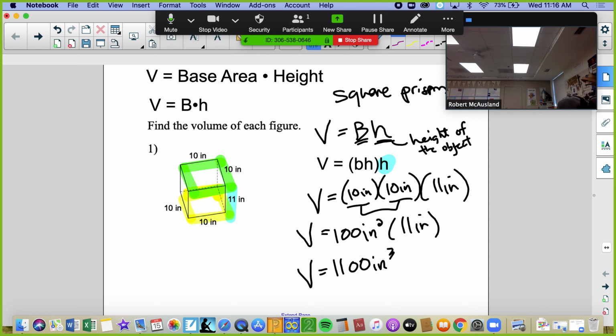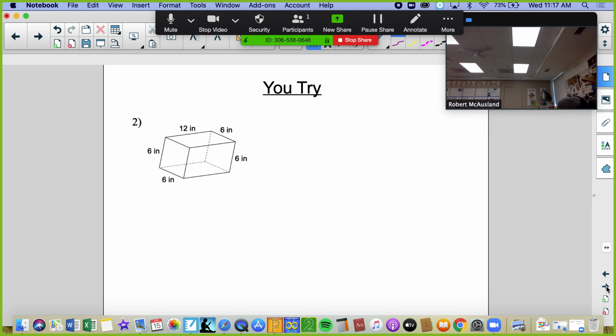We know volume is always going to be a cubed unit because we have three dimensions. We have base length, base width, and height. So we have three dimensions that we're going to multiply, hence why we end up with cubic. Volume is always going to be cubic. Surface area is always going to be square.